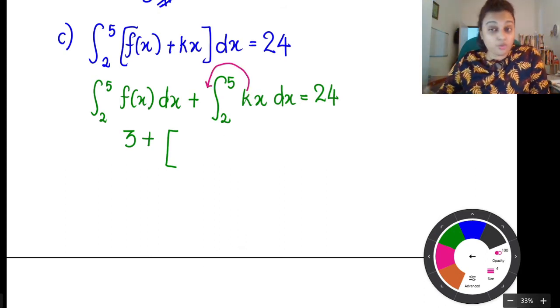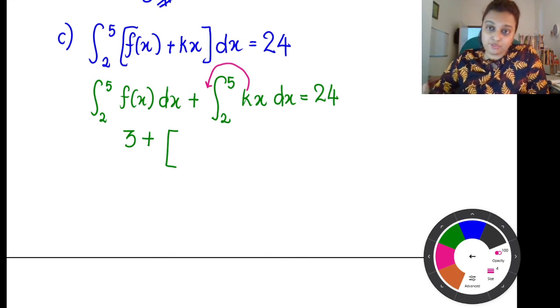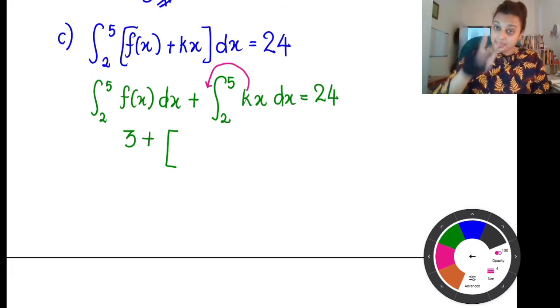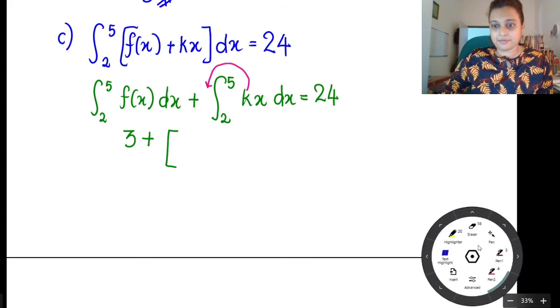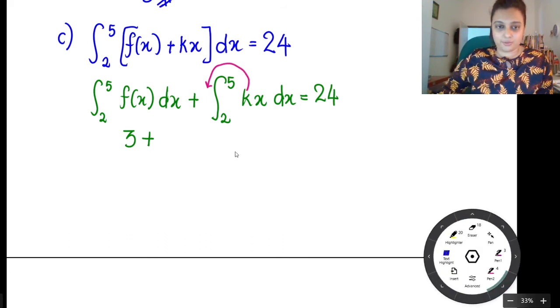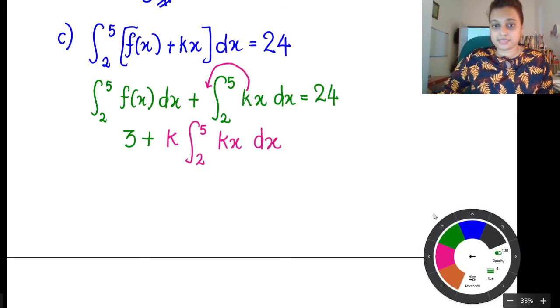This only applies for constants, like numbers, or letters other than x. x cannot be put outside, but k and the like can. So if I put the k outside, I must rewrite it as plus k times the integration from 2 to 5 of x dx.